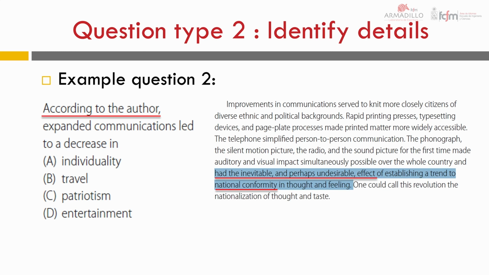So if you read it in context, you'll see that there is something negative about the improvements in communication, that everyone thought or felt the same, which shows you that letter A is the correct answer. It's a decrease in individuality. But again, there is something in the text that can point you towards the correct answer.